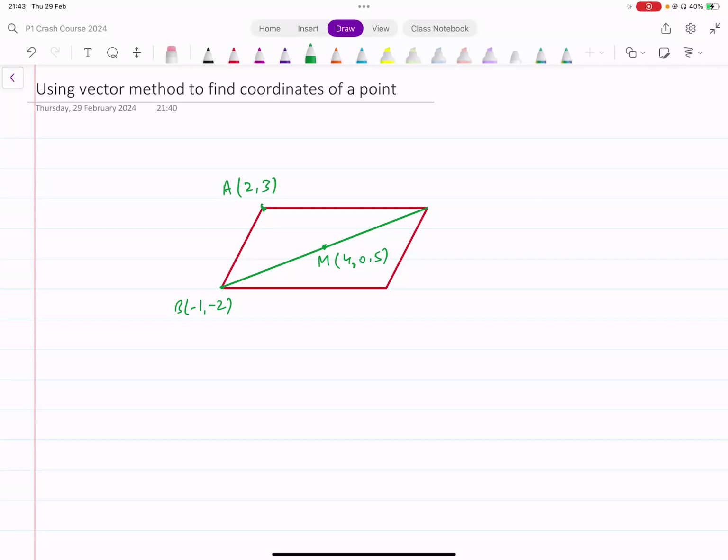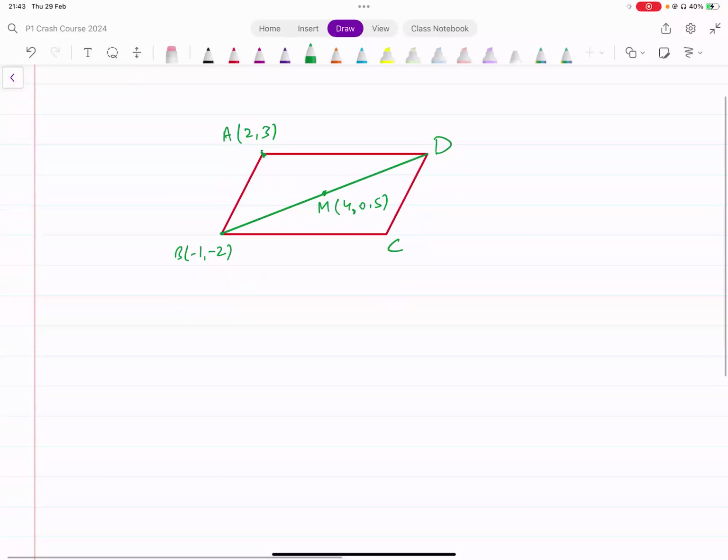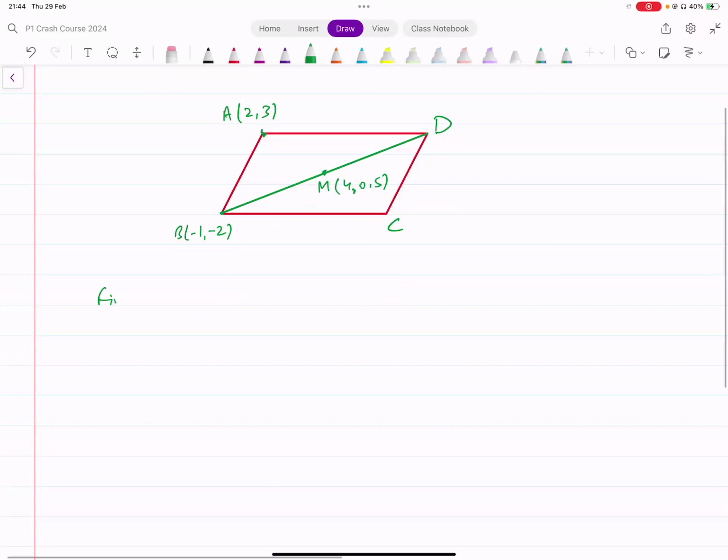What we want to do is find these two points, points C and D, the vertices C and D of this parallelogram. So what are the coordinates of C and D? Find the coordinates of C and D. That's what you want to find out.